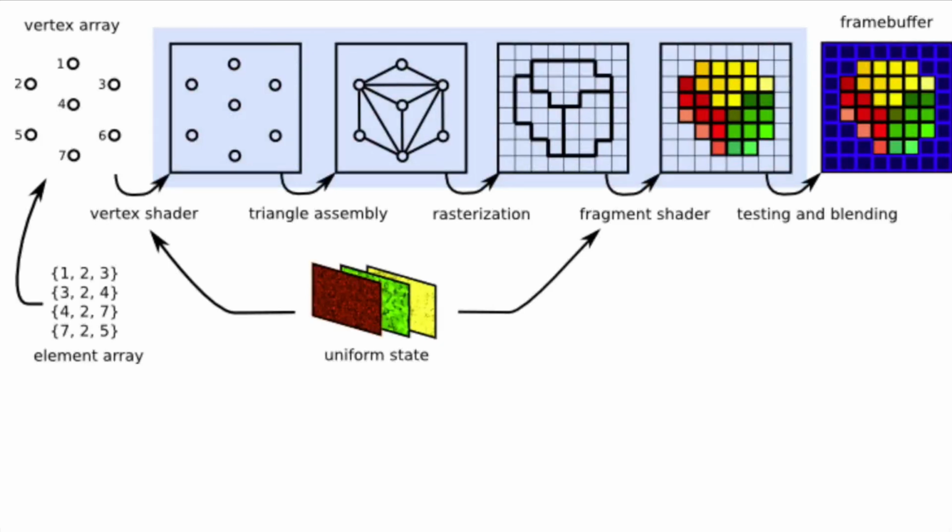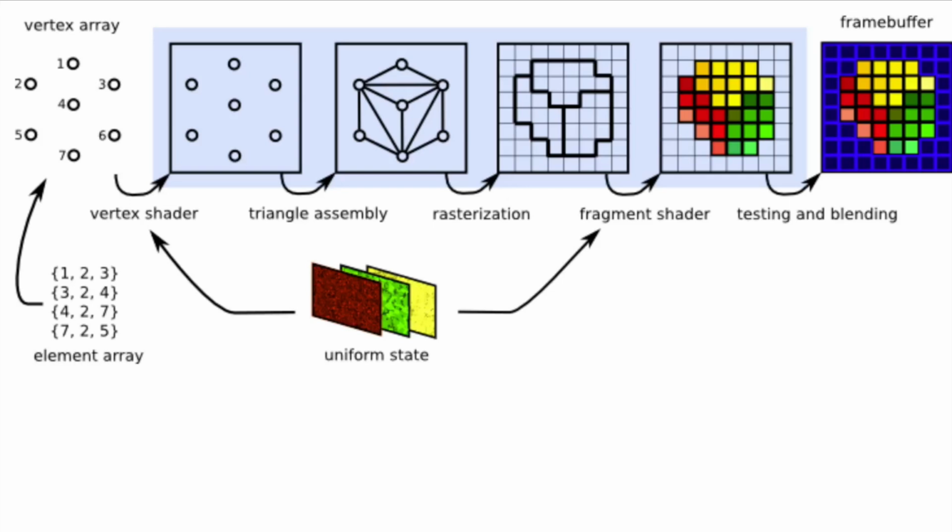As you can see, the element array is essentially an array that holds all of the values, the locations of all the vertexes. Then there are two different shaders in the render pipeline. There's a vertex shader, which takes those points and, depending on what the shader does, may move or modify them to whatever the shader specifies.